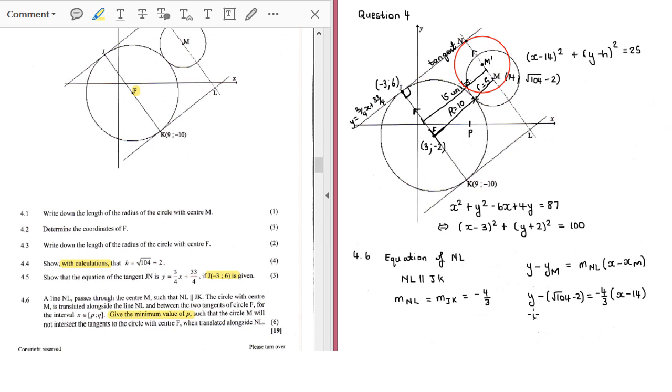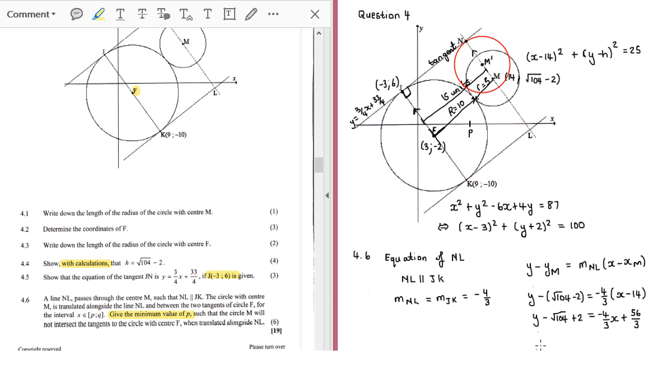Okay, so let's clean this up a little bit. We're going to have y minus the square root of 104 plus 2 equals negative 4/3 x, plus 4/3 times 14, which is positive 56/3.